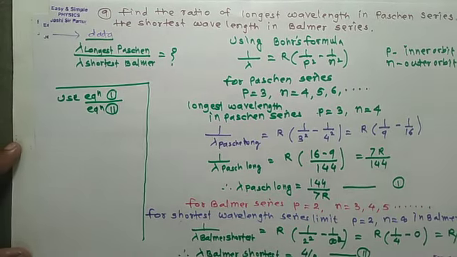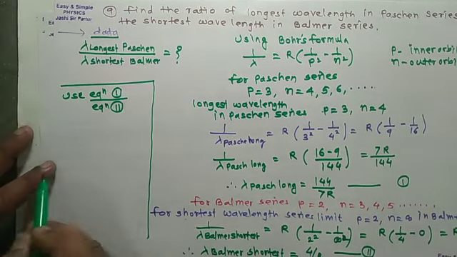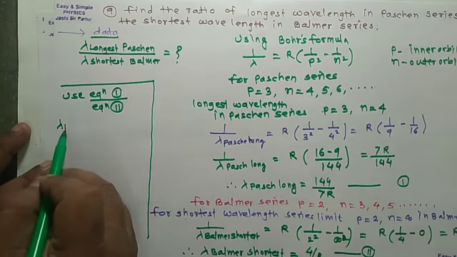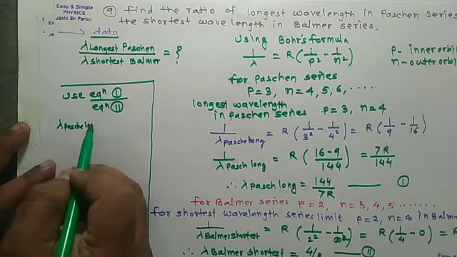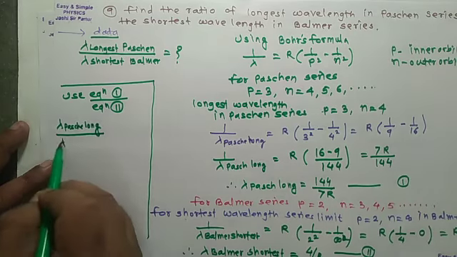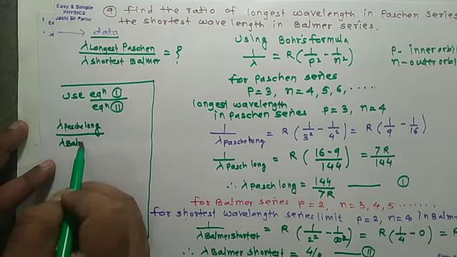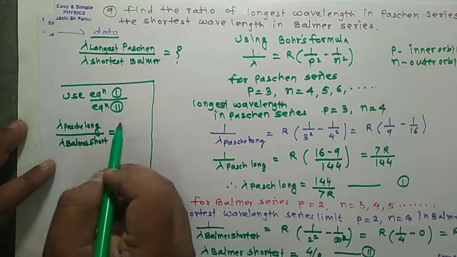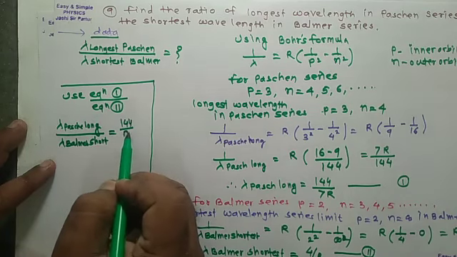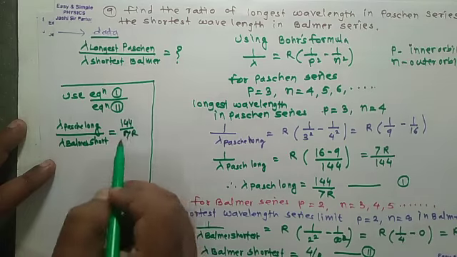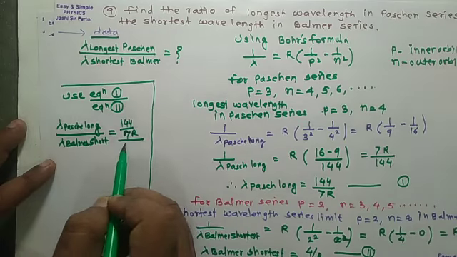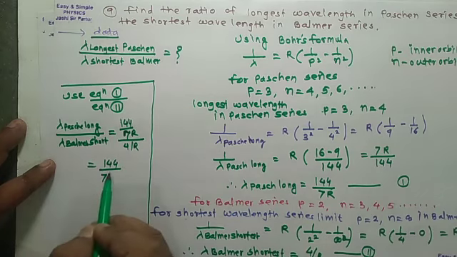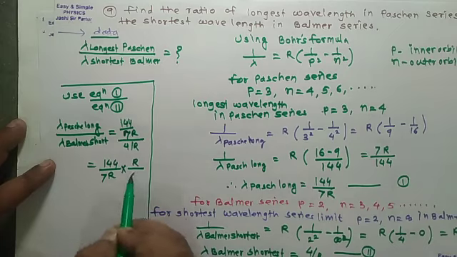Using this we can find lambda Paschen series longest divided by lambda Balmer series shortest is equal to 144 upon 7R upon 4 upon R, which is equal to 144 upon 7R multiplied by R upon 4.